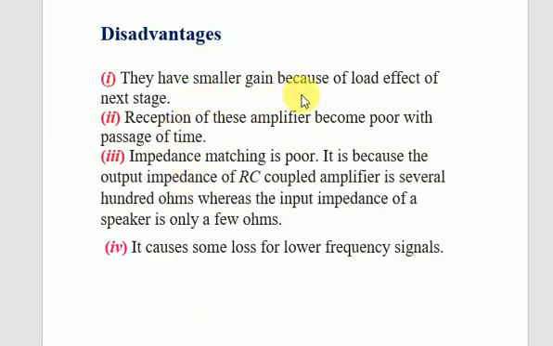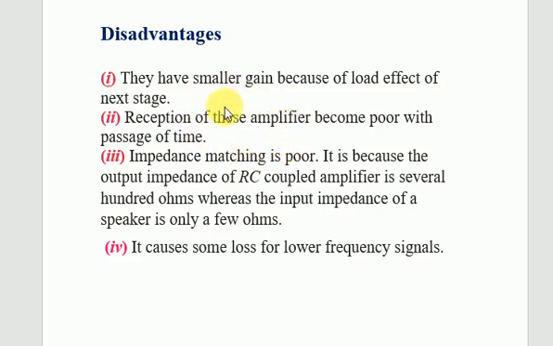As we have seen, because of the loading effect of the next stage, the voltage gain of the first stage is reduced. So theoretically, the overall gain must be AV1 into AV2, but it is quite less than the overall gain theoretically expected. One more disadvantage is that reception of these amplifiers becomes poor with passage of time.